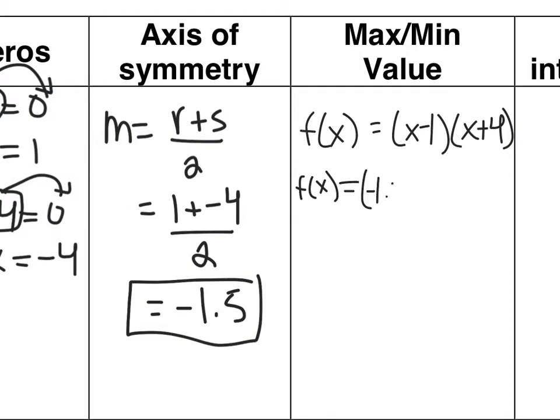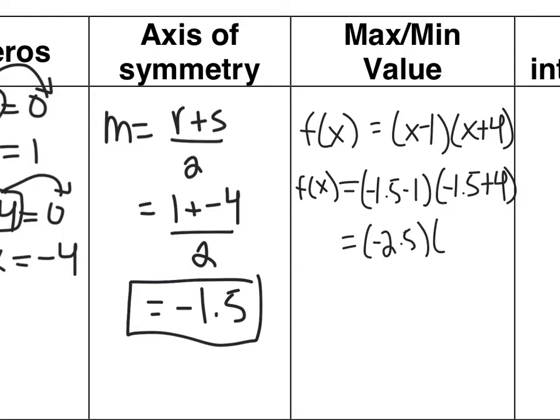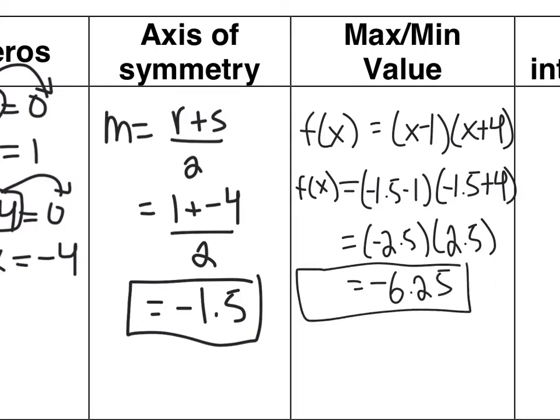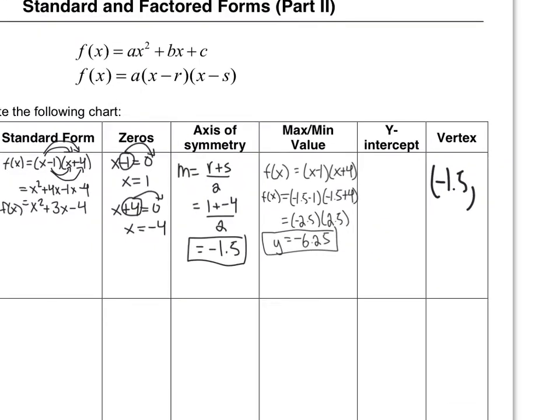So negative 1.5 minus 1, negative 1.5 plus 4. Type that into our calculator and solve. This is ultimately going to be a negative 2.5 multiplied by a positive 2.5, which will be negative 6.25. So that's what my y value is in my vertex. I'll go fill that in.